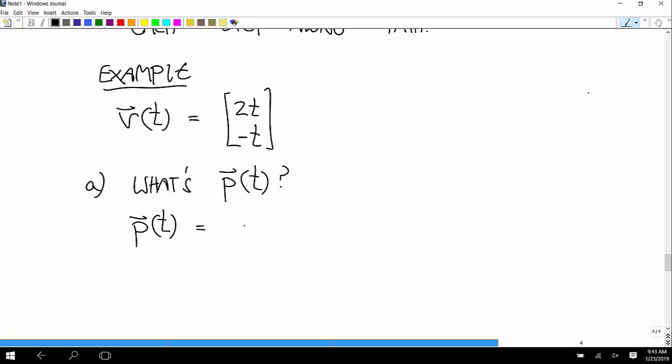It's just equal to the time derivative of v. And so, nope, I'm going the wrong way. Dang it. Scribble that out. This should be acceleration.